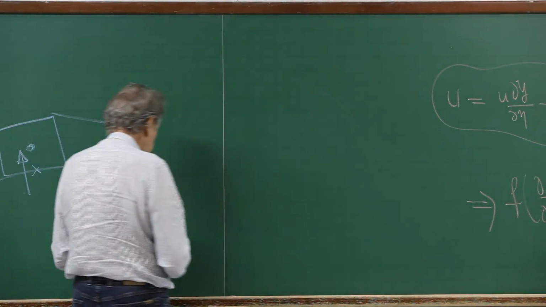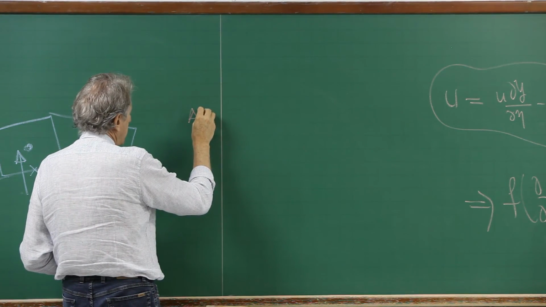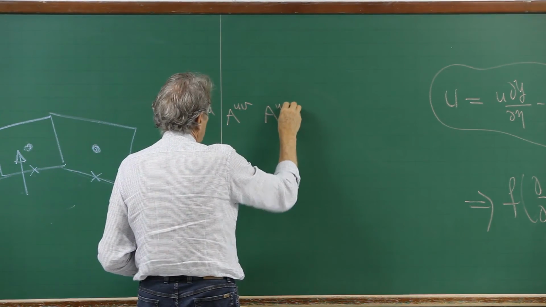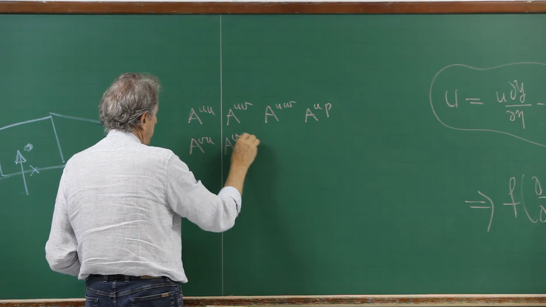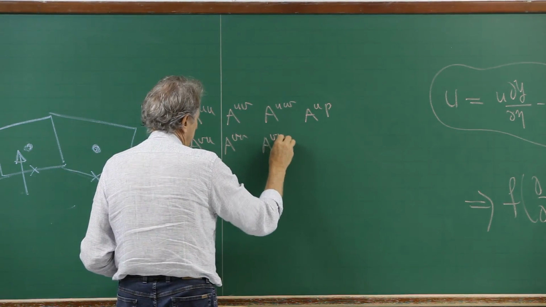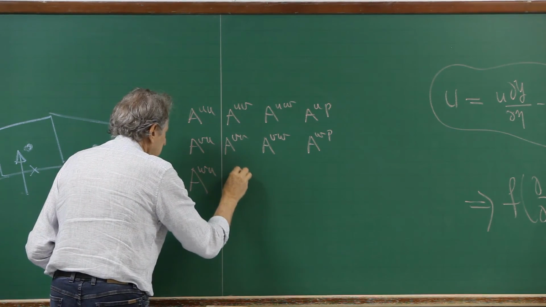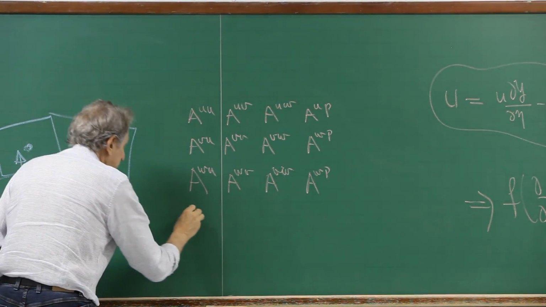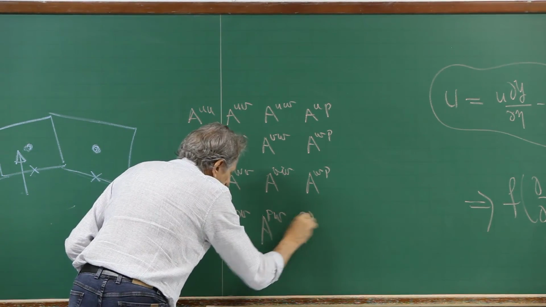We could even write it like this, I'm going to put the capital coefficients here: AUV, AUW, AUP, AVU, AVV, A matrices, AVW, AVP, AWU, AWV, AWW, AWP, and at last APU, APV, APW, APP.